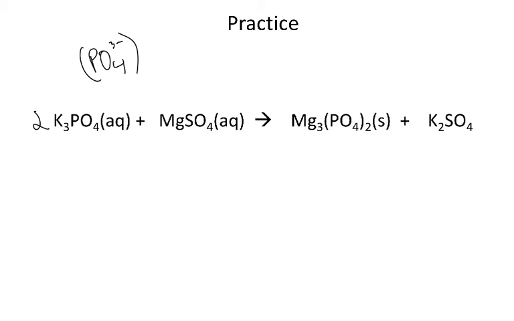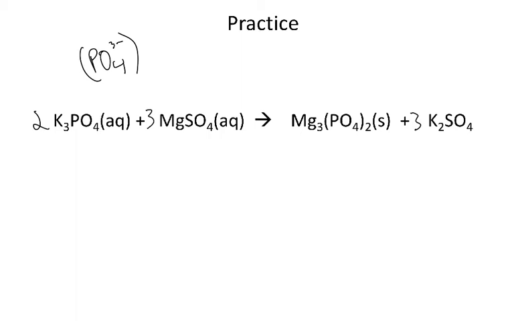Right, so now let's do, say, potassium. Right, so I now have 2 times 3. I have 6 potassiums on the reactant side, and I have 2 potassiums on the product side. So to get that up to 6, I'm going to put a 3 here. All right, if we do magnesium next, I have 1 magnesium and 3 magnesiums. So to balance that, I'm going to have a 3 in front of the magnesium sulfate.